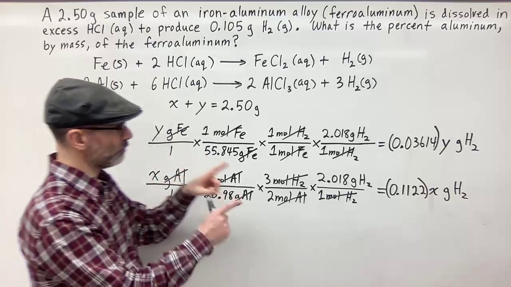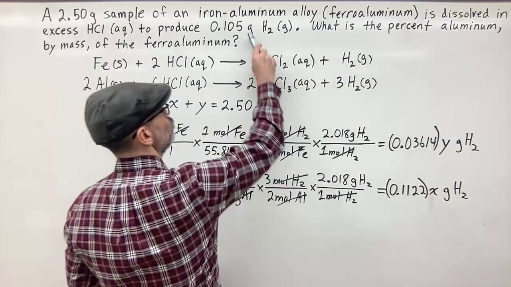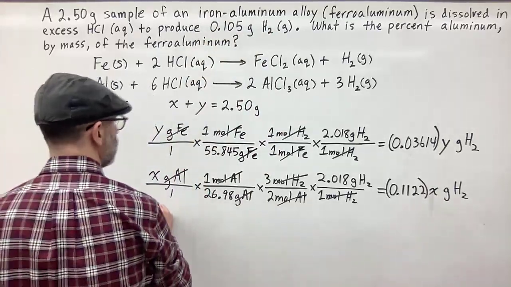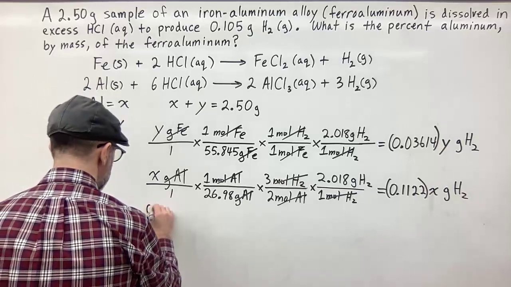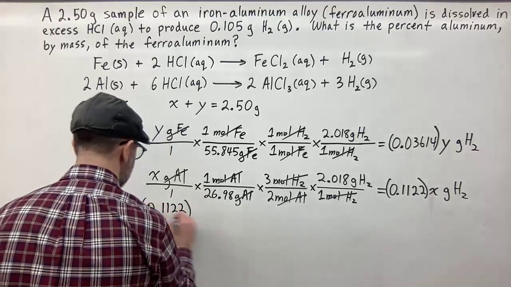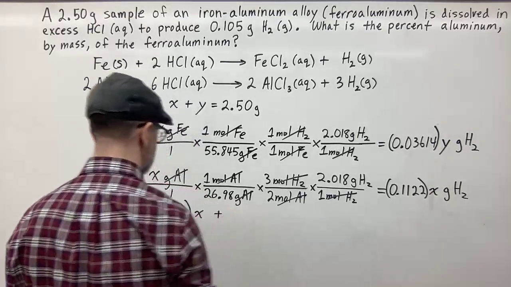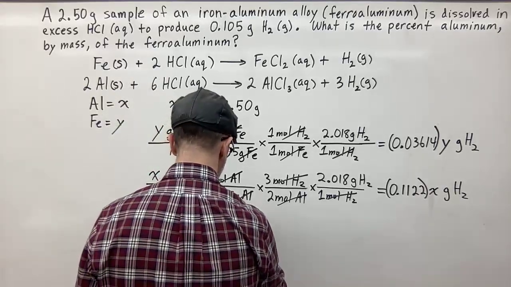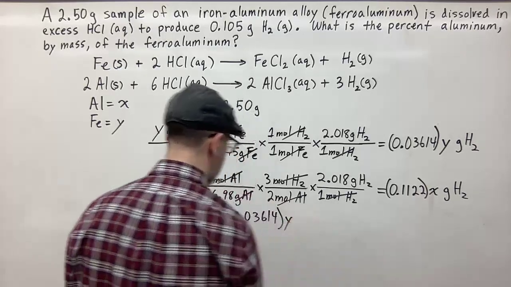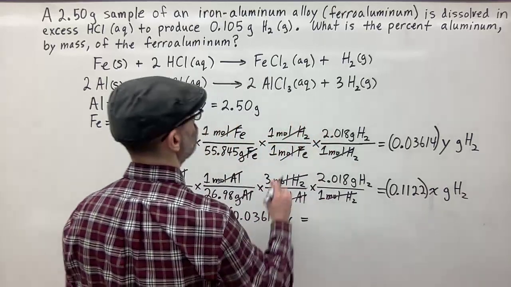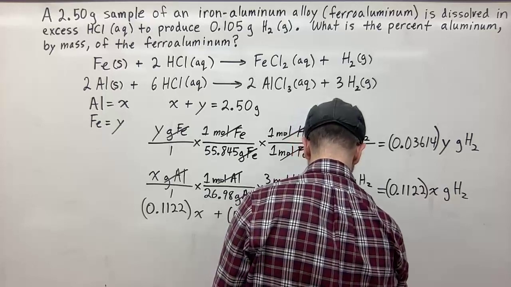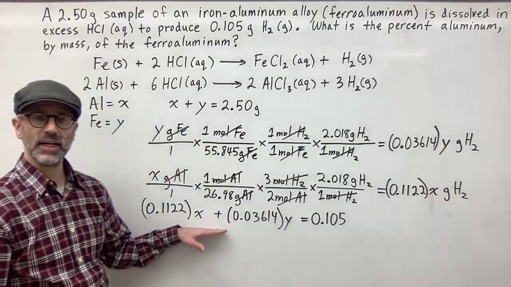I know that both of these amounts add up to this total here, so I get my second equation: 0.1122 x plus 0.03614 y is equal to 0.105. So there's my second equation.